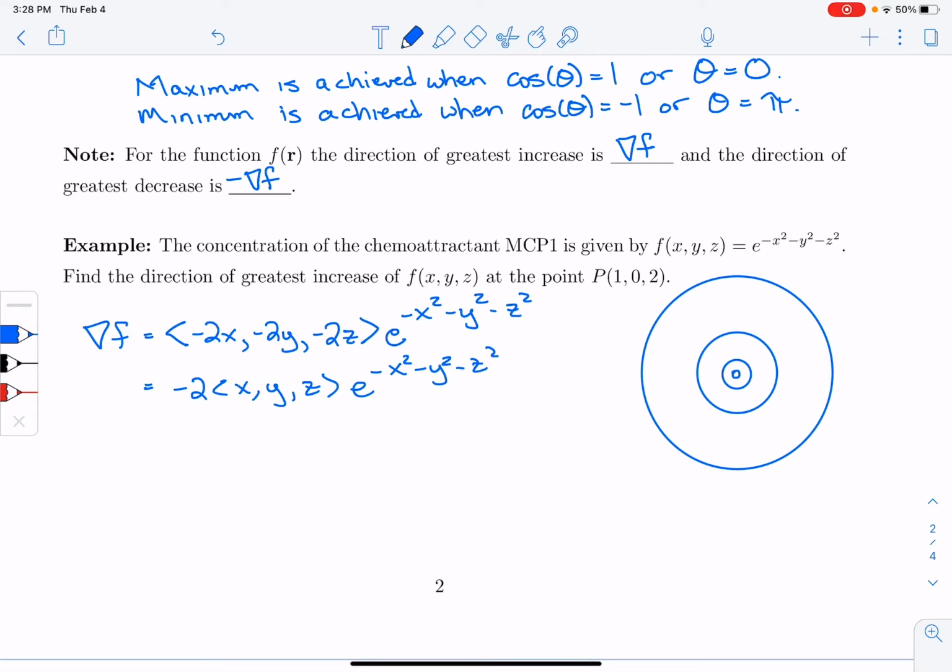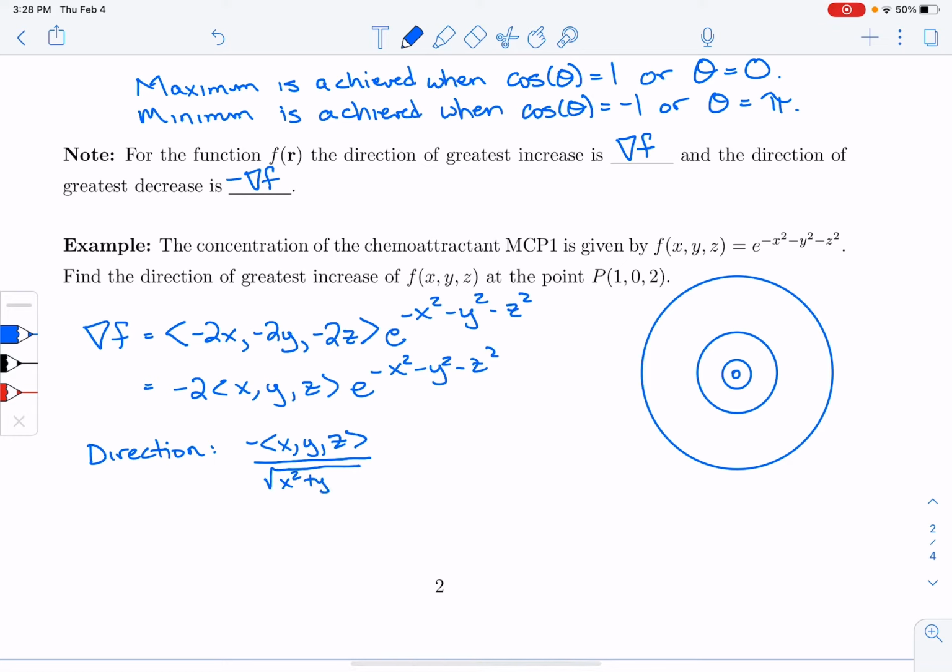So it's interesting to point out, in this case, that the direction of the gradient, if I want to make that a unit vector, the direction is going to be minus x, y, z divided by the magnitude, which is the square root of x squared plus y squared plus z squared.